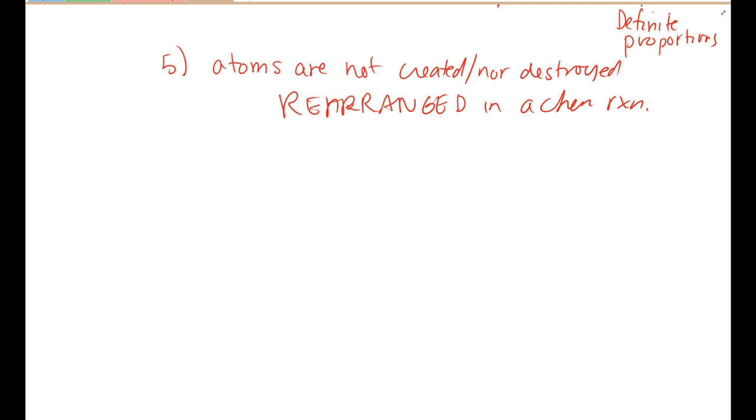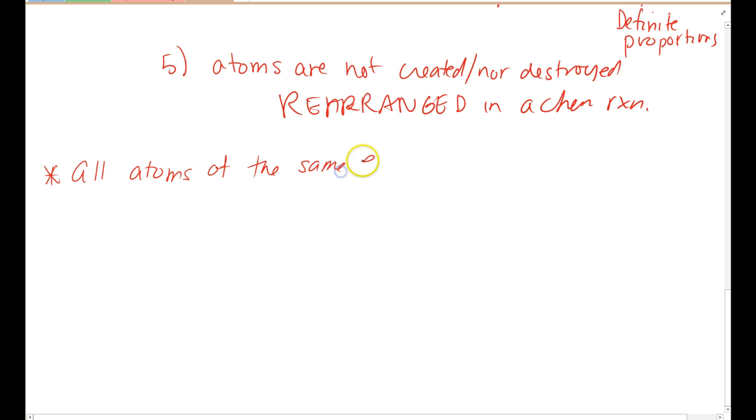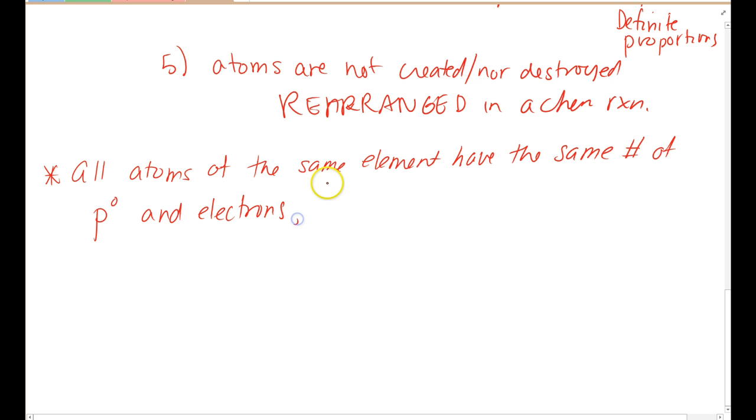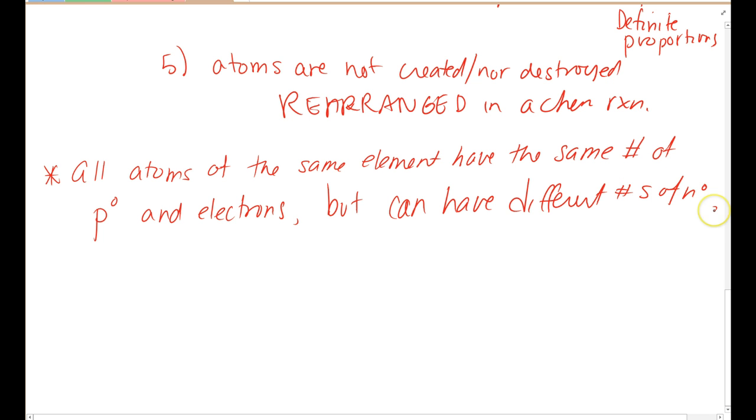So what is the same, however, is that all atoms, so this is the modification to rule number 2 of that theory, all atoms of the same element have the same number of protons, and if they're neutral atoms, electrons, but can have different numbers of neutrons. Okay, so that's the modification to Dalton's atomic theory, and that comes from the idea of isotopes.